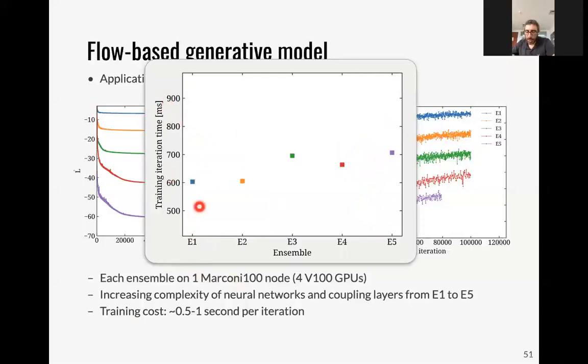So for E1 to E5, you have somewhere between 600 to 700 milliseconds, so of the order of half a second to 1 second per training iteration. And so you can do the math and see, where it took approximately 100,000 iterations, how many days that took to reach this point.